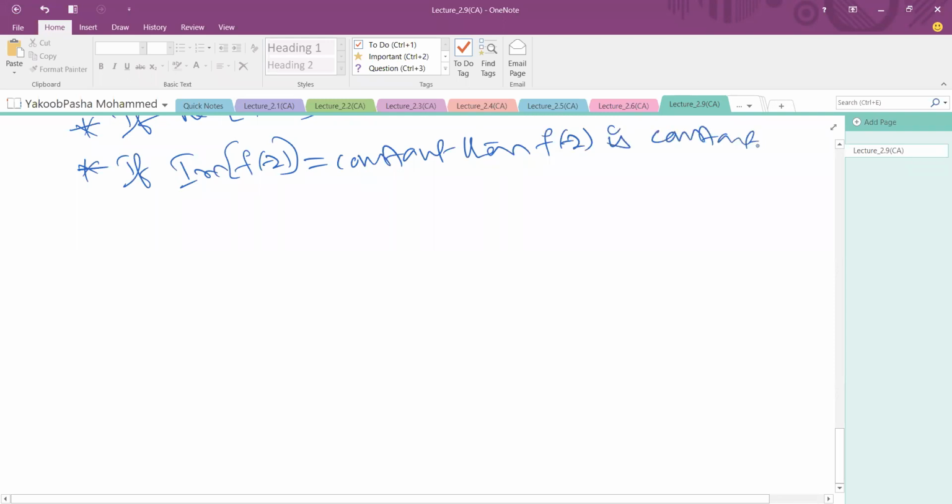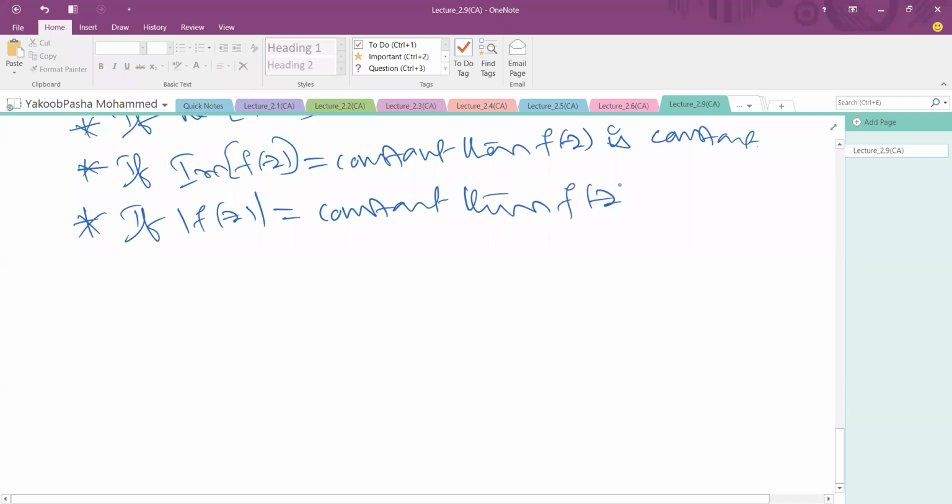Next, when the modulus of f of z is constant, already we discussed, then f of z is also constant. That means if modulus of f of z is equal to constant, then f of z is also constant, any constant.